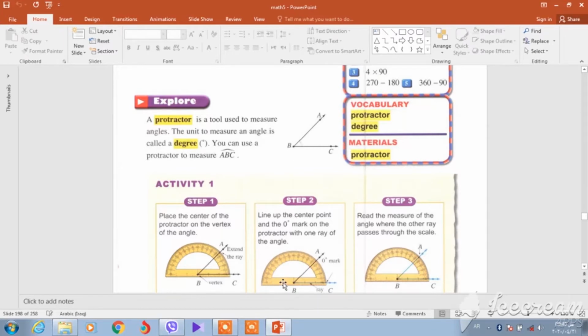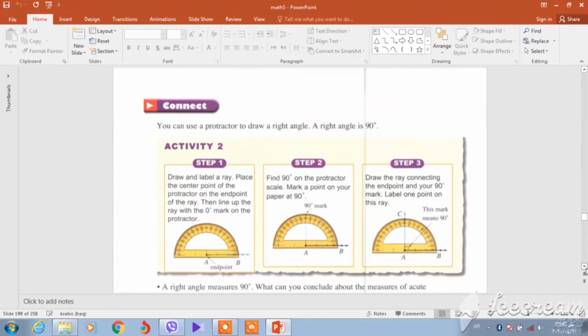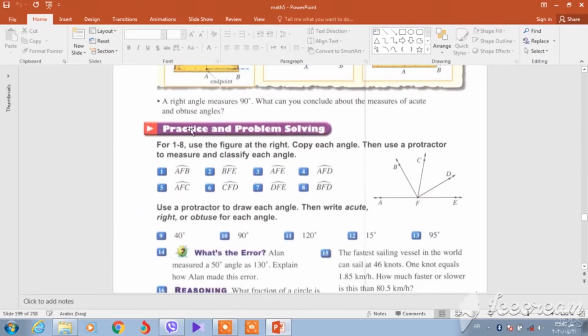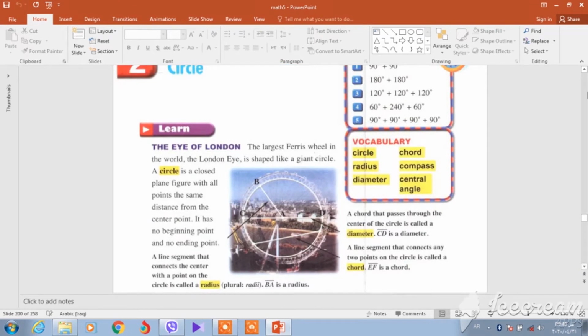We used this in the past to measure each angle, to know the degree of the angle. This is a protractor. We solved the examples and these practices before. So now we study the circle on page 192.